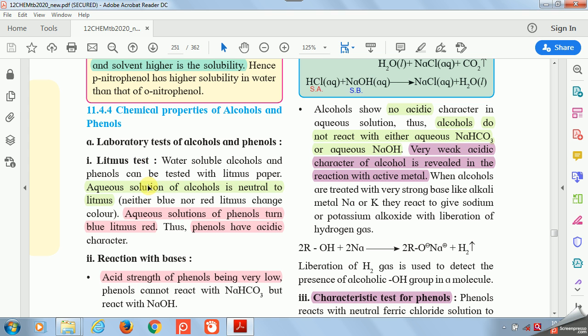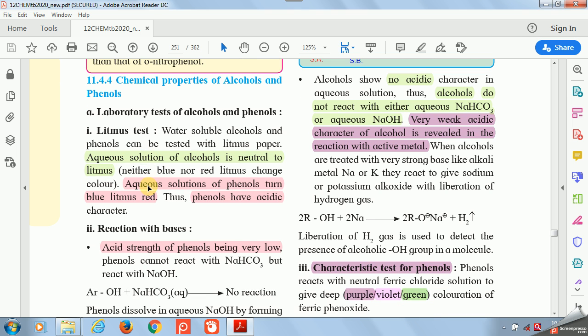While if we dip blue litmus paper in an aqueous solution of phenol, we observe that blue litmus turns red. This indicates that phenol has acidic character. But this acidic character is very slight.